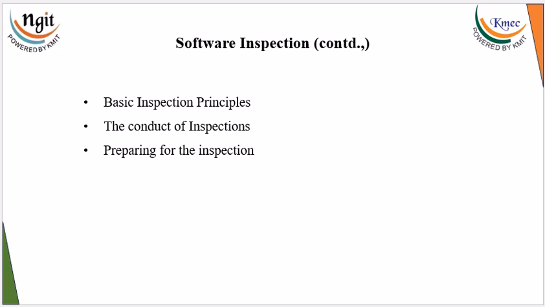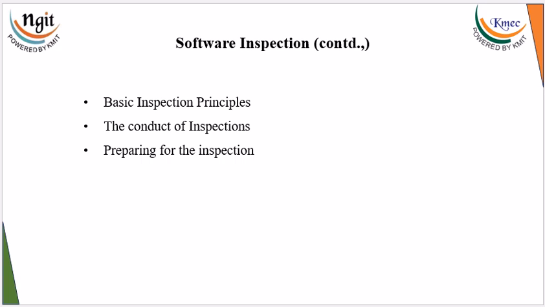And the last phase of your software inspection goes with preparing for the inspection here. This preparing for the inspection is a full inspection process, and in this particular phase, the inspection itself is considered an inspection activity.